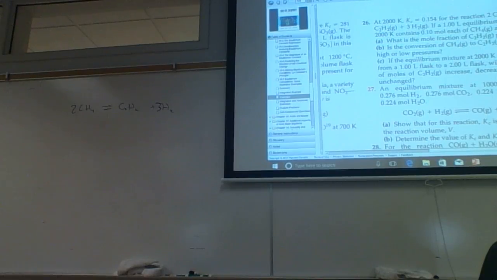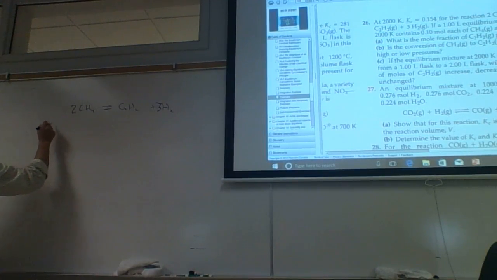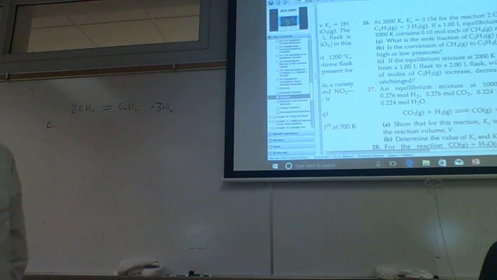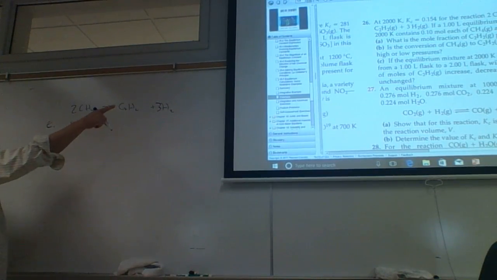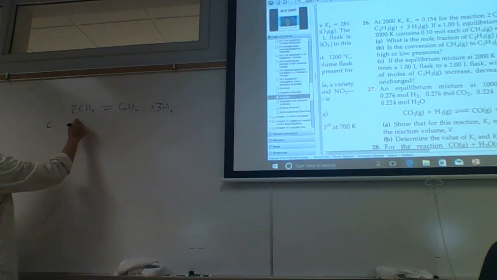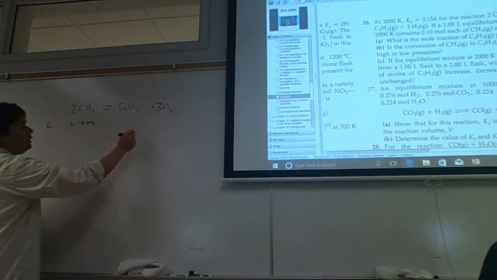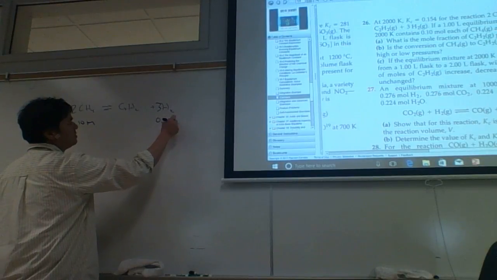So 1.00 liter equilibrium mixture. So this equilibrium contains 0.10 moles each of methane. So it's 0.10 moles divided by 1 liter, so it's 0.10 molar. And then the hydrogen can be 0.10 molar.